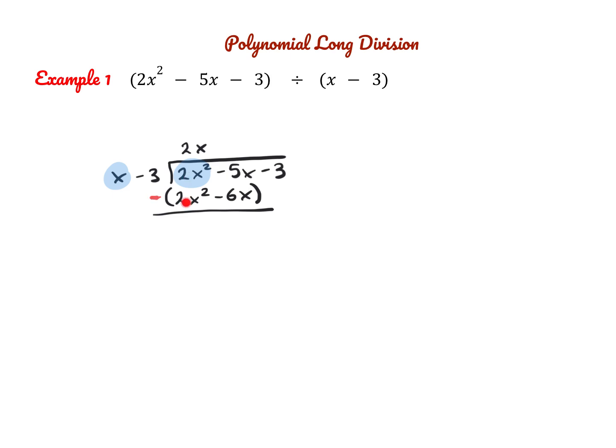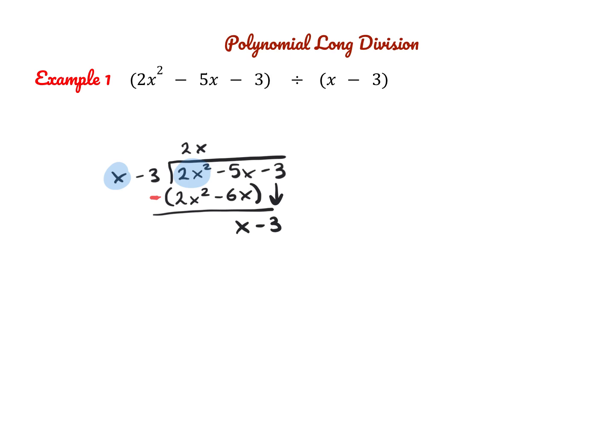So here, 2x squared minus 2x squared is 0. That first column should always cancel out here. Here we have negative 5x minus negative 6x, which is like saying negative 5x plus 6x, which is just x. And then our last step in this round is to bring down the next term.